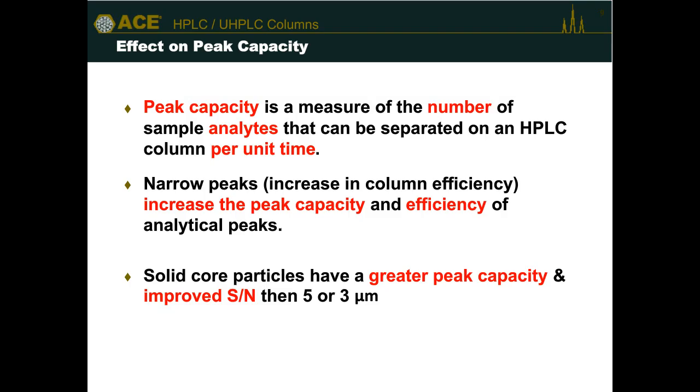As you know, in reverse phase, we're mostly looking at hydrophobicity as the dominant mechanism of interaction. If you have a less hydrophobic phase, you might have less retention, less K prime within your gradient method. So it is a balance, but generally we can get a greater peak capacity with these solid core particles.